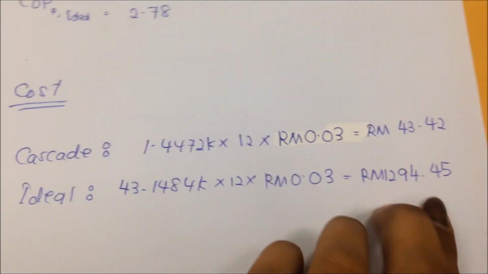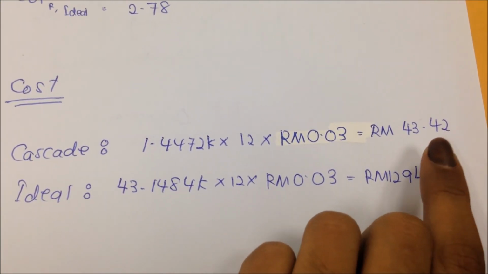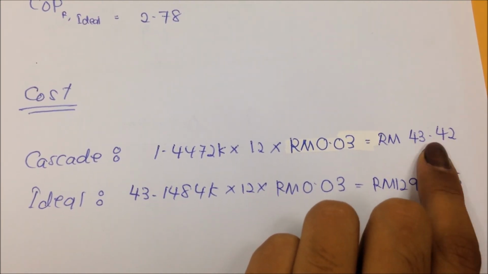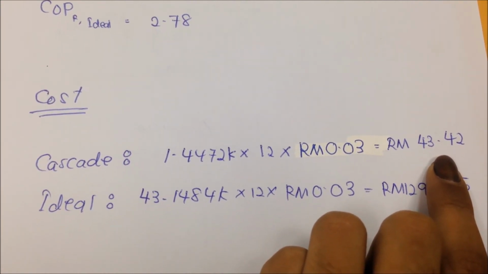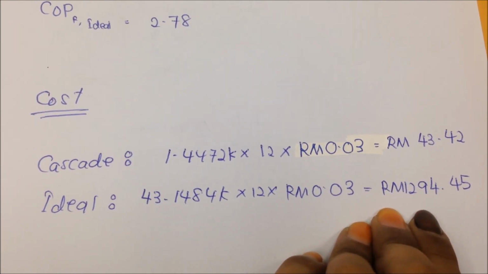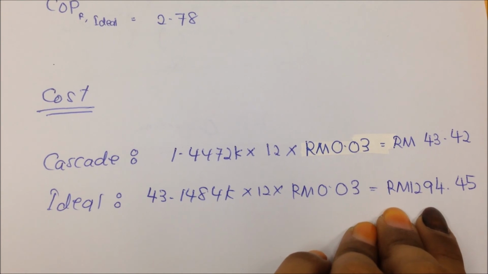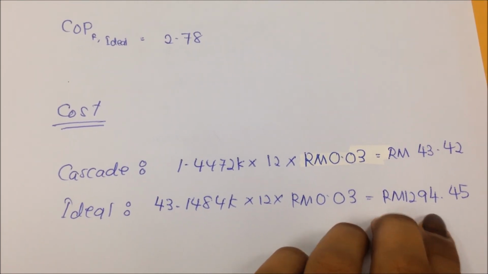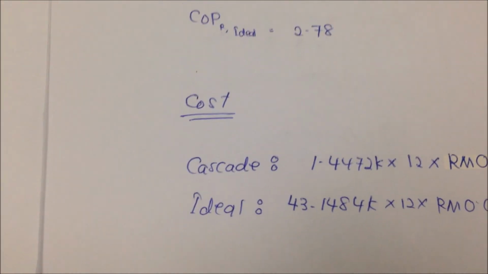We get 43 ringgit and 42 cent for Cascade for 12 hours, and for Ideal it is 1,294.45 cents. So that's all from our group.